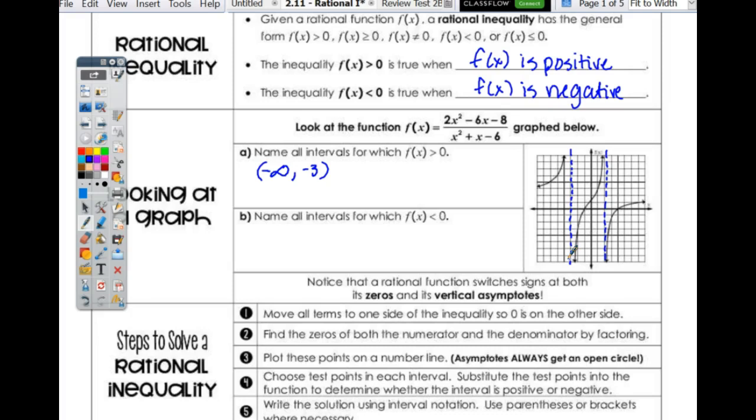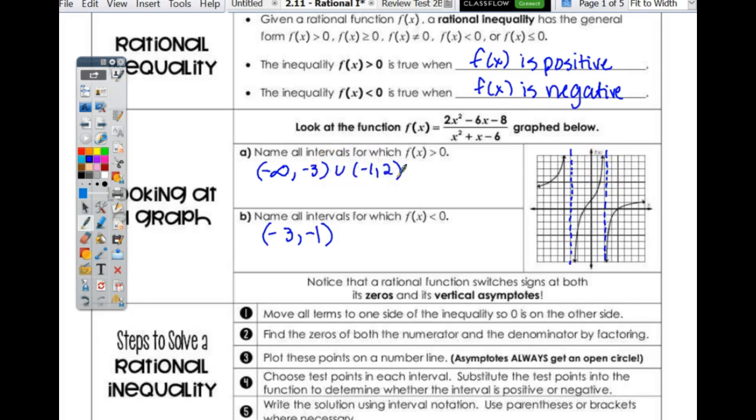So from negative 3 to what number? Is it negative 1? Okay, to negative 1. What happens at negative 1? It becomes positive, and it's positive all the way to what number? 2. So I'm going to have negative 1 to 2.